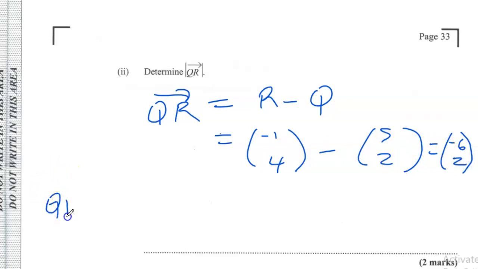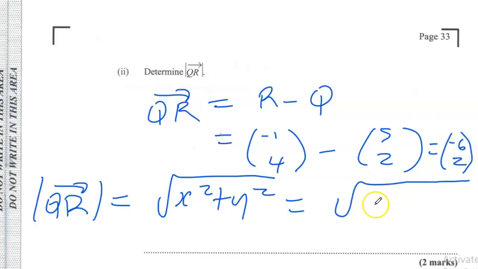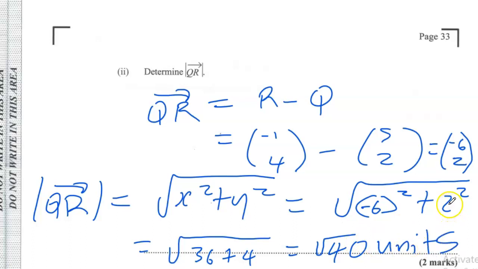So the modulus of QR, we can use the formula square root of x squared plus y squared: square root of -6 squared plus 2 squared, so the square root of 36 plus 4, that's the square root of 40. That should be about 6 point something. You can leave the answer in that form, the surd form.